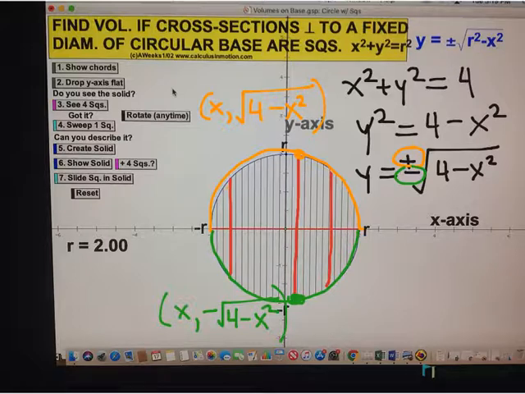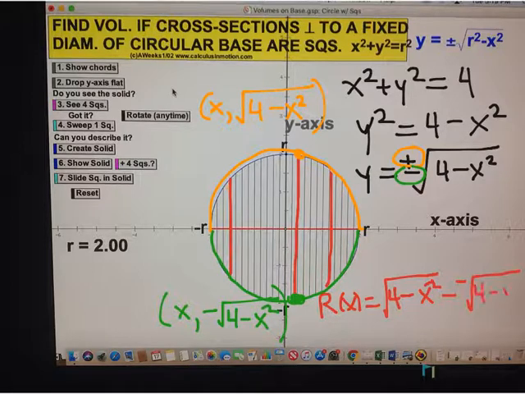So now we're ready to write a function of x that will give us the length of an arbitrary vertical line segment between the top and the bottom halves of our circle. And that's going to be given by r of x is equal to, subtract the y coordinates of the top and the bottom endpoints, so we'll have the square root of 4 minus x squared minus the negative square root of 4 minus x squared.